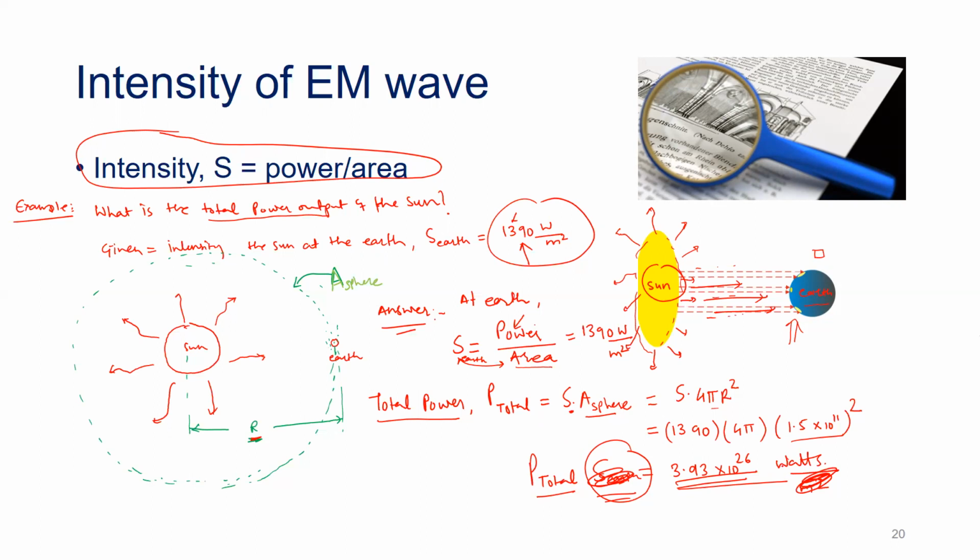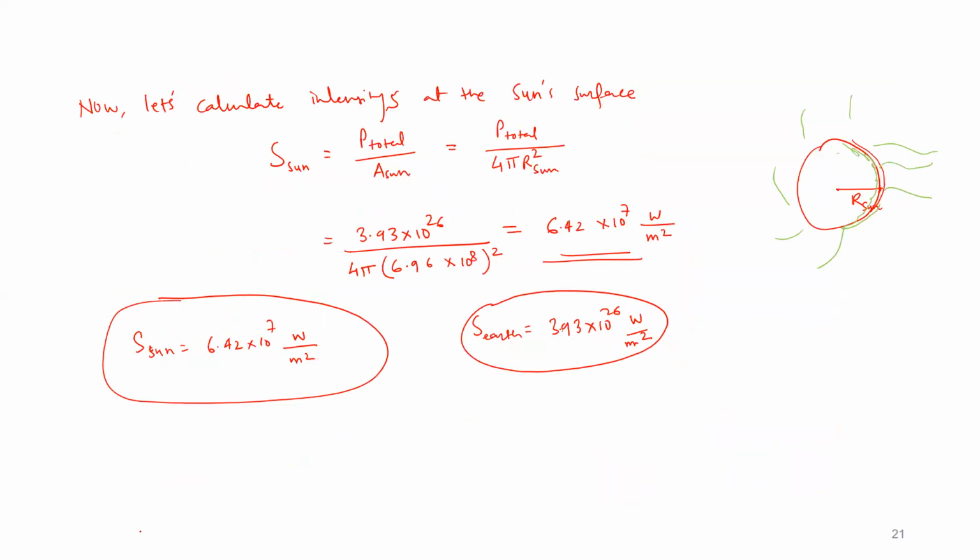P total is the total power, and S was this one, 1390 watt per meter square. So imagine these are the rays reaching the earth's surface.